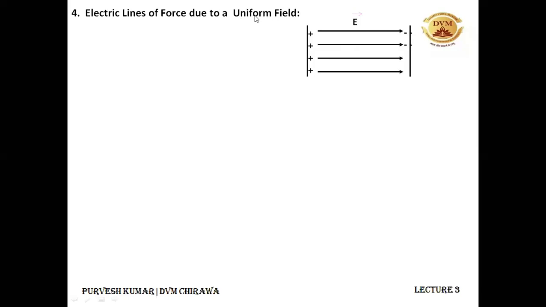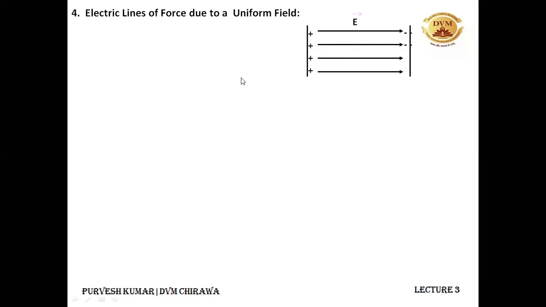For the uniform field, they are parallel and equally spaced, having the same distance between them. We all know that electric field lines always move from the positive charge towards the negative charge. For a uniform electric field, the lines look like this: equispaced and parallel to each other.